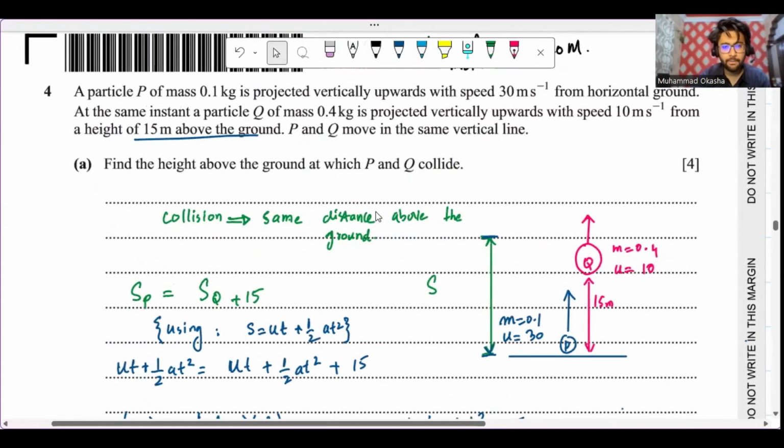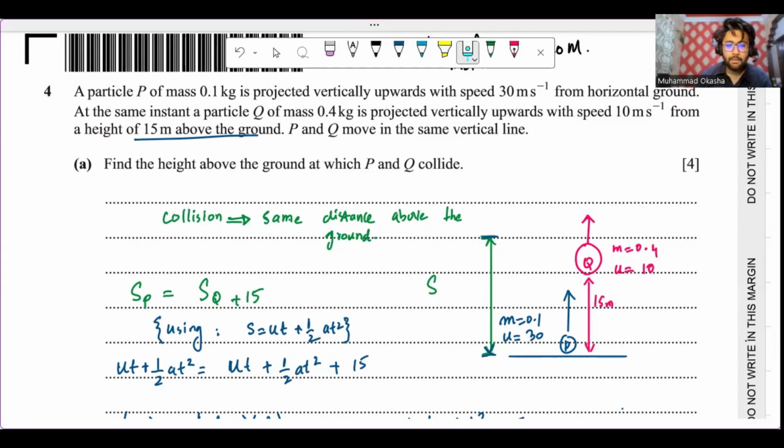So let's pause and reflect on what we did. We had two particles which were shot vertically upwards. One particle was shot from the ground, the other from a height above the ground. To work out the distance traveled from the ground, I worked out the time: at what value of time did they collide? For that, I used this equation, where the distance traveled by both particles should be the same.